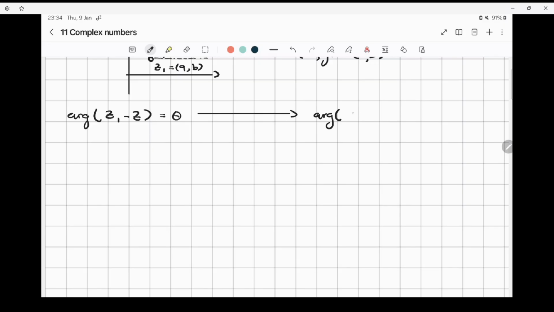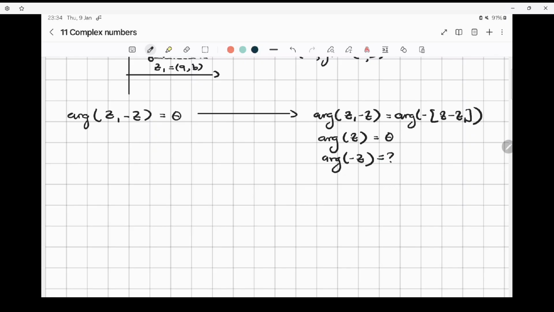So the argument of Z1 minus Z is equal to the argument of minus (Z minus Z1). Which means that we can rewrite the whole equation if we know the argument of Z equals theta. So what happens when you have the argument of minus Z?